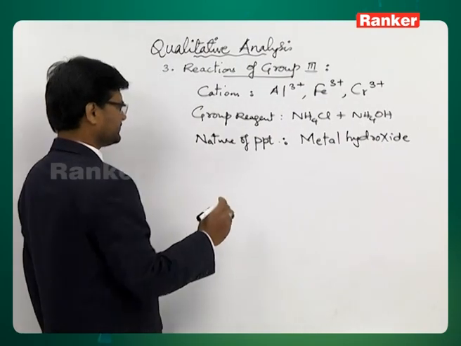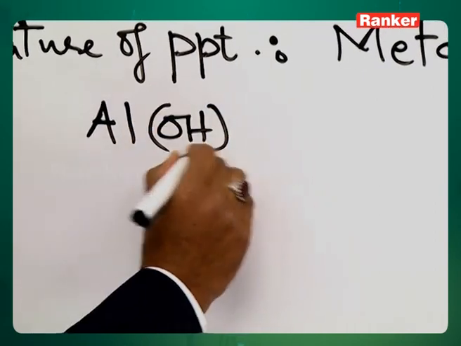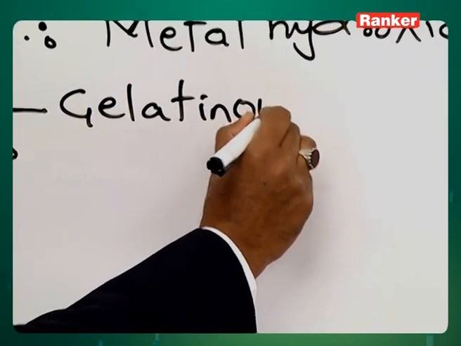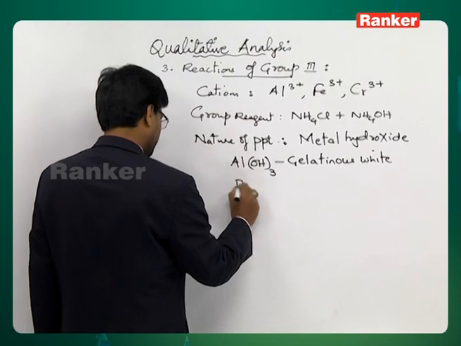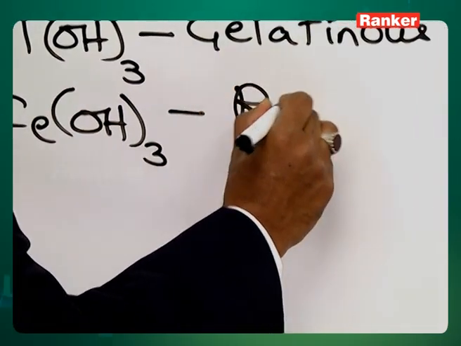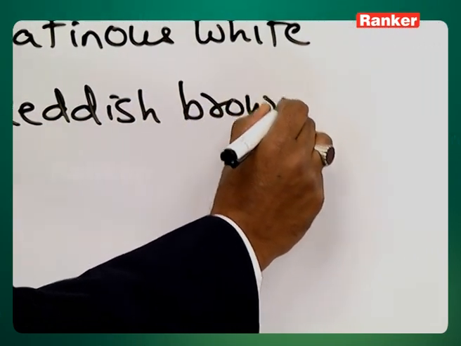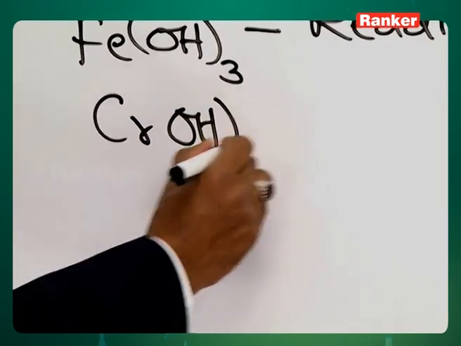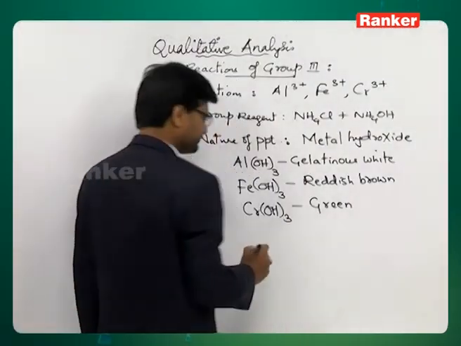Remember, aluminum hydroxide is gelatinous white, ferric hydroxide is reddish brown, and chromium hydroxide is green precipitate.